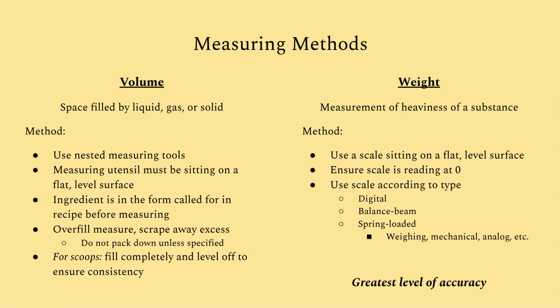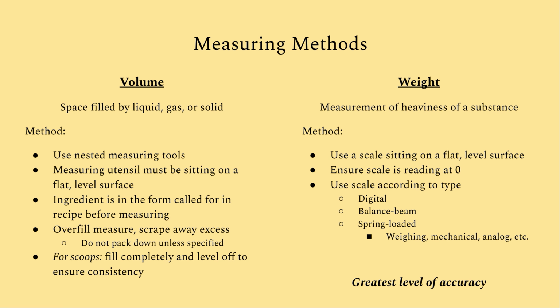So for our measuring methods, we will practice this in class so we can see the difference. When you are measuring volume, you're measuring the space filled by a liquid, gas, or solid. When you're measuring weight, you're measuring the actual heaviness of a substance. So when you're measuring volume, you could use the nested measuring tool.